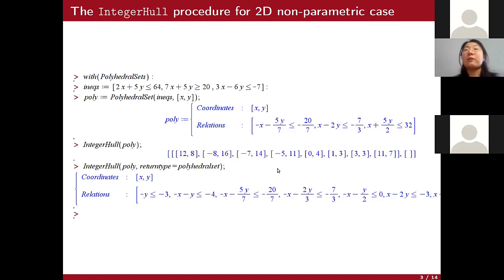So we have all the vertices, that is the integer hull of this input. You can also choose the return type to be a polyhedral set object itself, and we will return an object that is the integer hull.